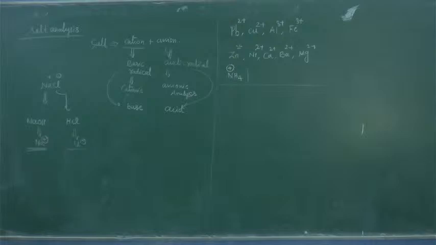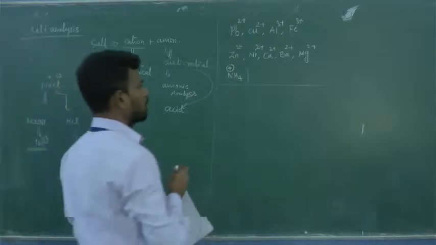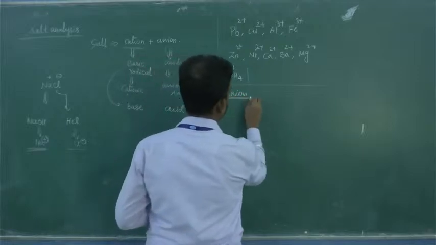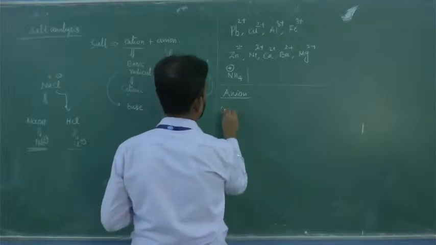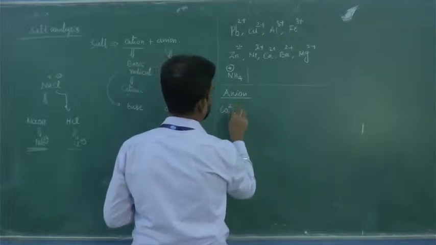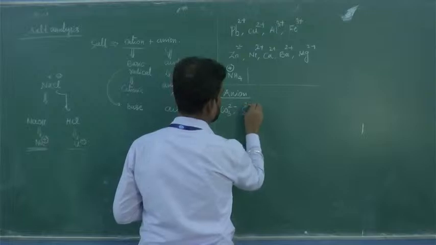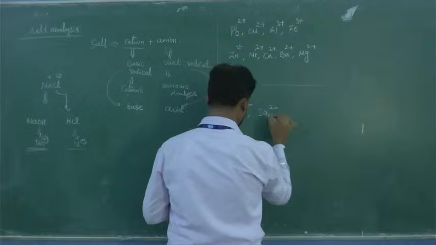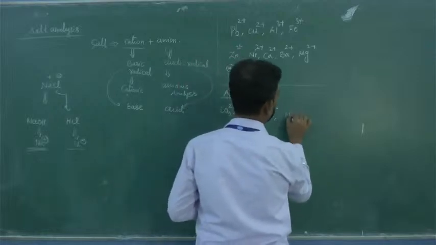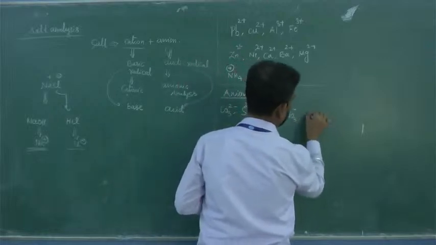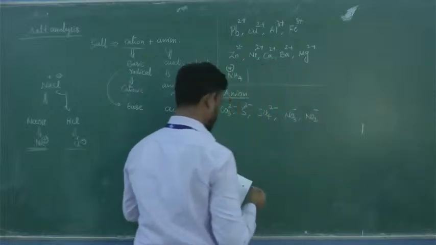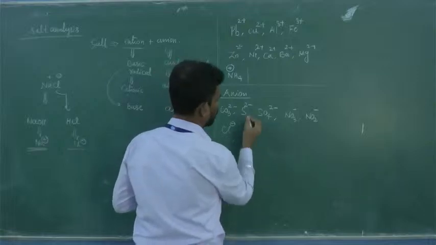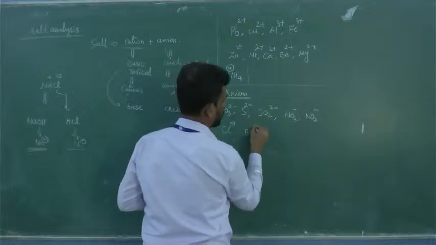Is it clear? Similarly, you have the anions, that is acidic radicals. Carbonate, sulfite, sulfate, nitrate, chloride, bromide and iodide.